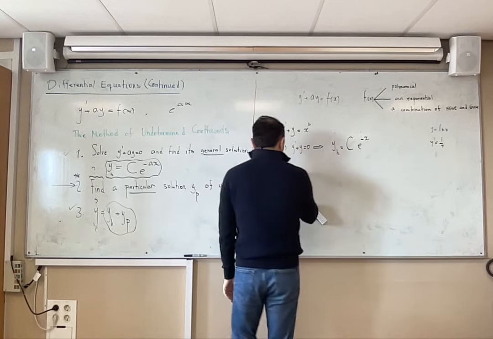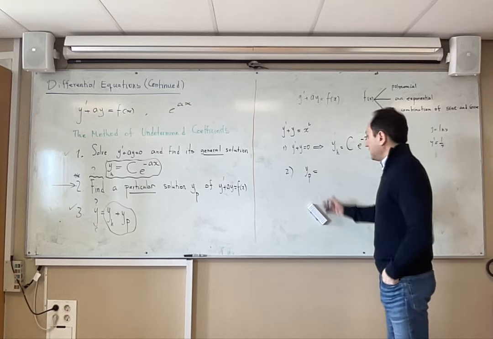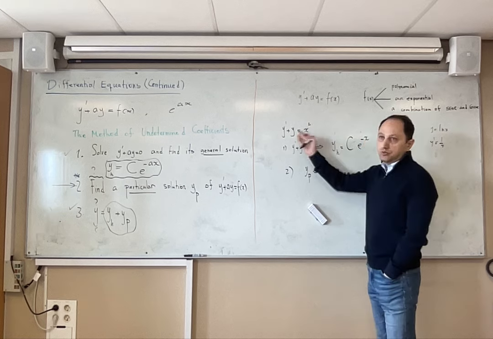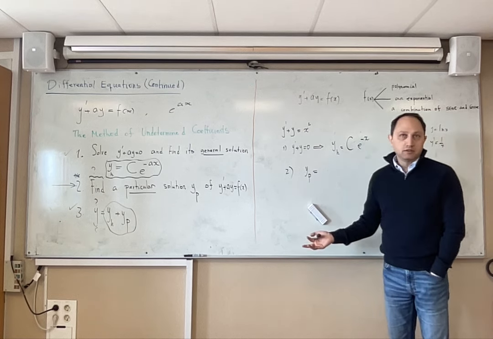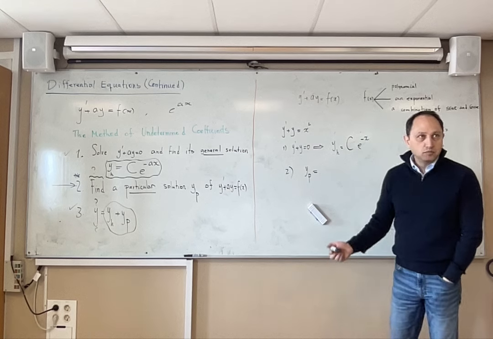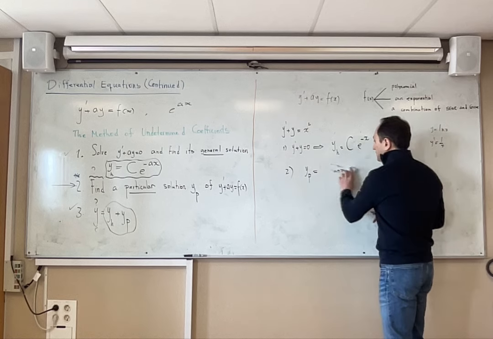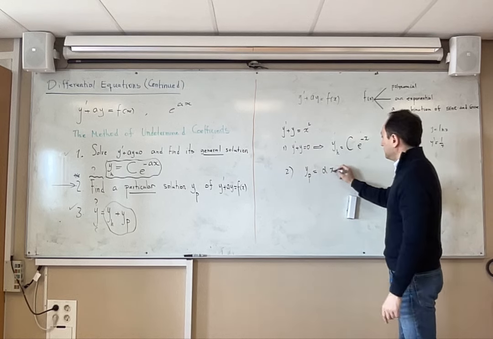I would say number 2, y sub p, I realized that a second degree polynomial has a big chance to be a solution. But how many second degree polynomials do I have? Again, infinitely many. I write the most general one. And if you don't mind, let me write alpha, beta, and gamma, not to confuse this A with that A.